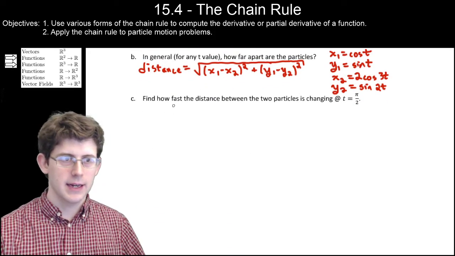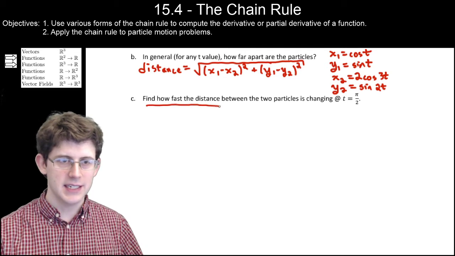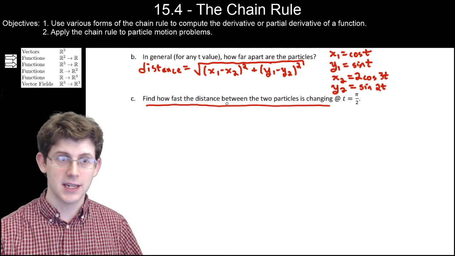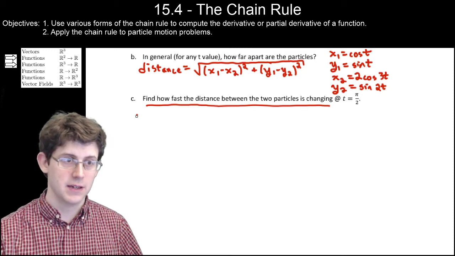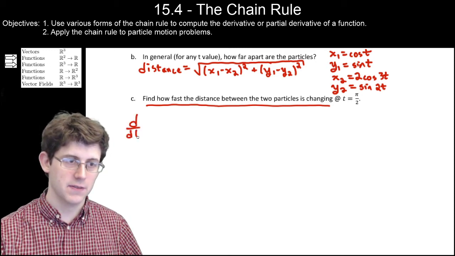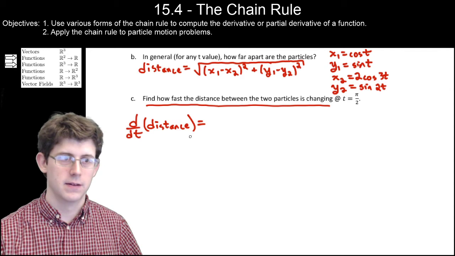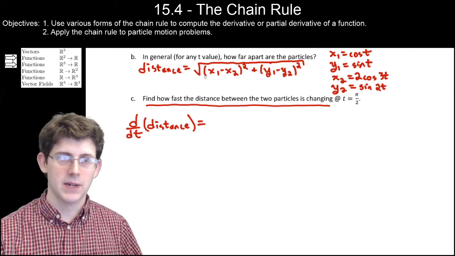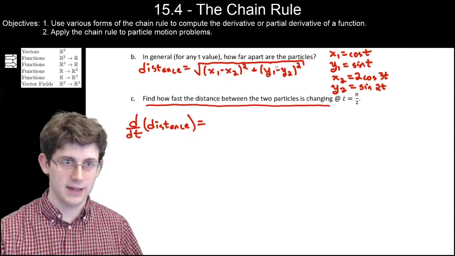Okay, now let's find how fast the distance between the two particles is changing. How fast it's changing is the derivative. So we're going to find the derivative with respect to time of the distance. Okay, well, this is a huge, crazy function.